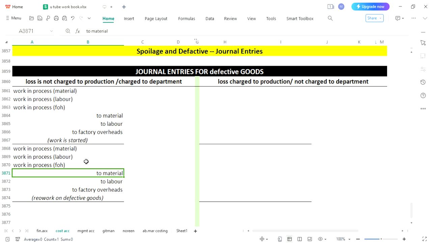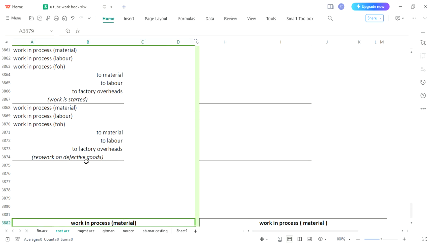Now finally, the third entry you will do is about making your finished goods. And here, when your finished goods are ready, it is your asset.